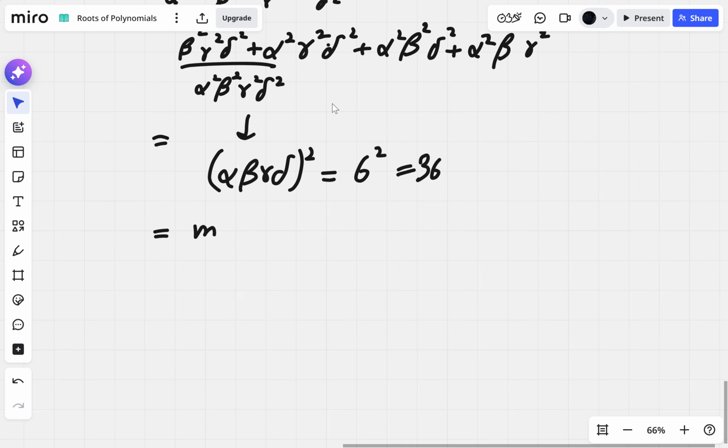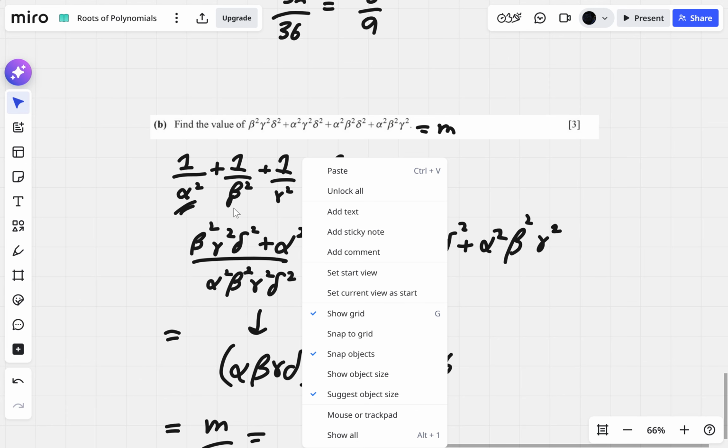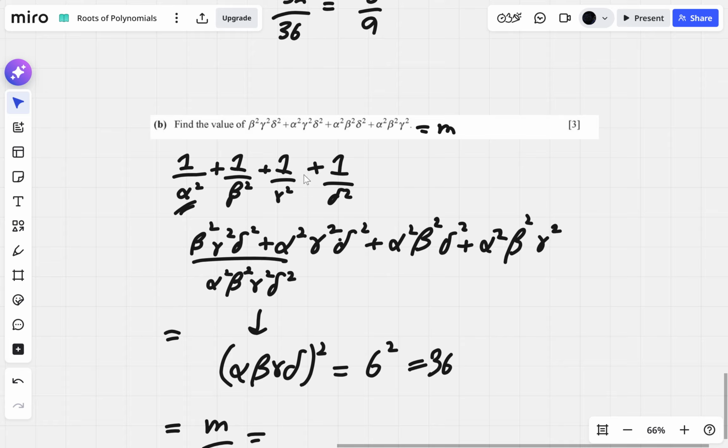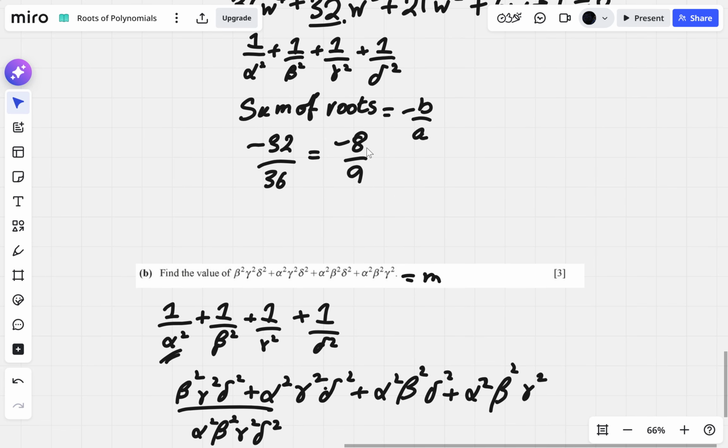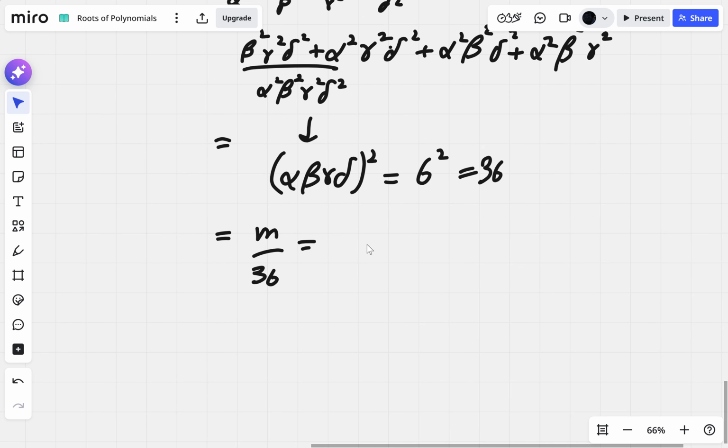So we can do m over 36 and then equals to the sum of this thing. This is equals to this. We just took the common denominator and then the numerator just multiplied itself. So this thing we calculated in the previous part, that was minus 8 over 9. So we can put this thing equals to minus 8 over 9.